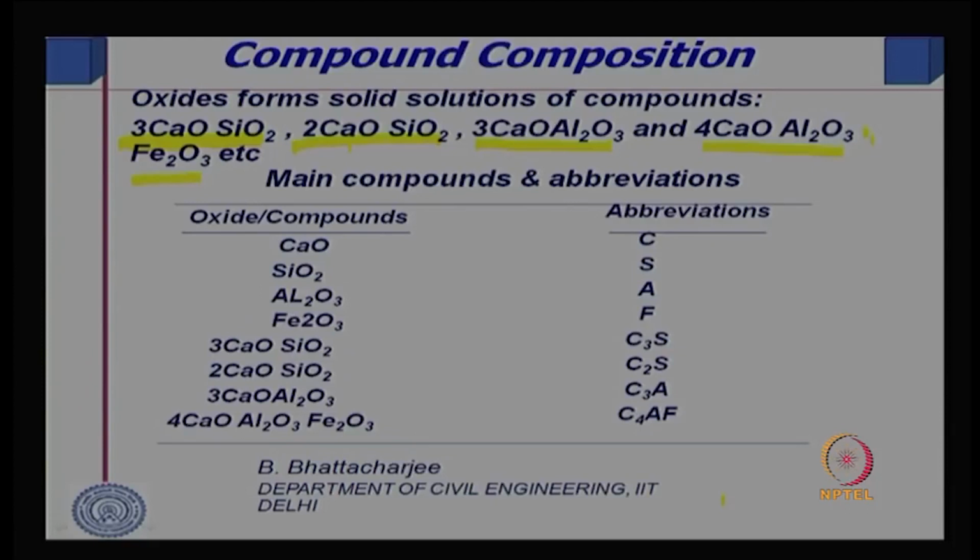So, oxides are actually abbreviated in cement chemistry, and CaO we abbreviate as C, SiO2 we abbreviate as S, Al2O3 we abbreviate as A, and Fe2O3 we abbreviate as F. Well, some more abbreviations, although not written here, but sometimes we might be using, H2O we abbreviate as H. Similarly, SO3 we abbreviate as S bar, because S is already there.